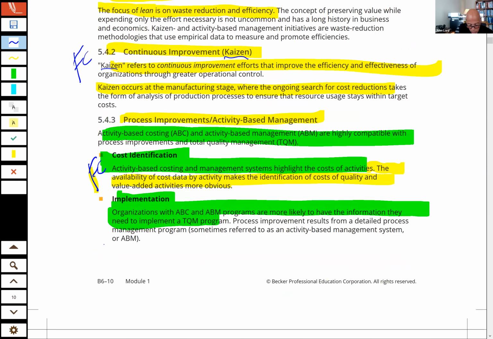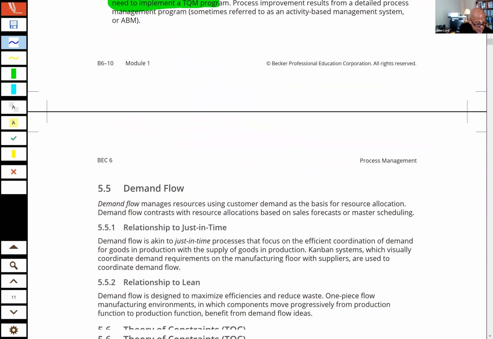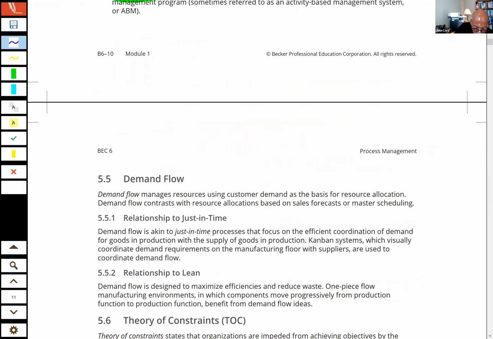Okay, good. Then we come over and we talk about demand flow. And demand flow is basically using customer demand as the basis for resource allocation. Demand flow contrasts with resource allocation based on sales forecast or master scheduling.